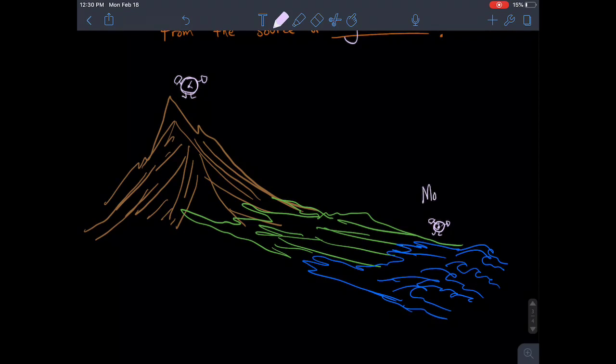So this one would have more gravity, and this one would have less gravity. So if there's less gravity, then time speeds up. When there's more gravity, time slows down.